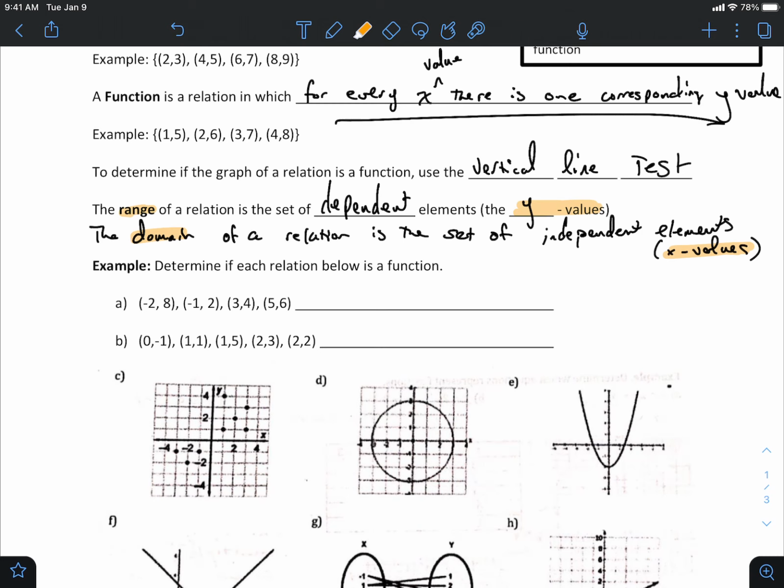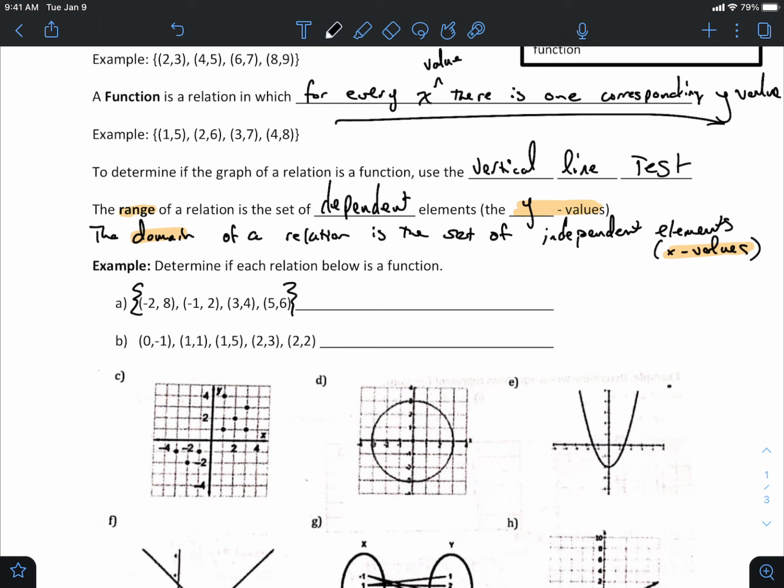Okay, we'll let everybody get caught up and then we're good to go. Okay, so it's kind of 50-50. If I gave this to you on a test, you could guess 50-50, but it's not too hard, okay? So you're going to look at this series of points here, and you're going to determine whether or not the relation is a function or not.